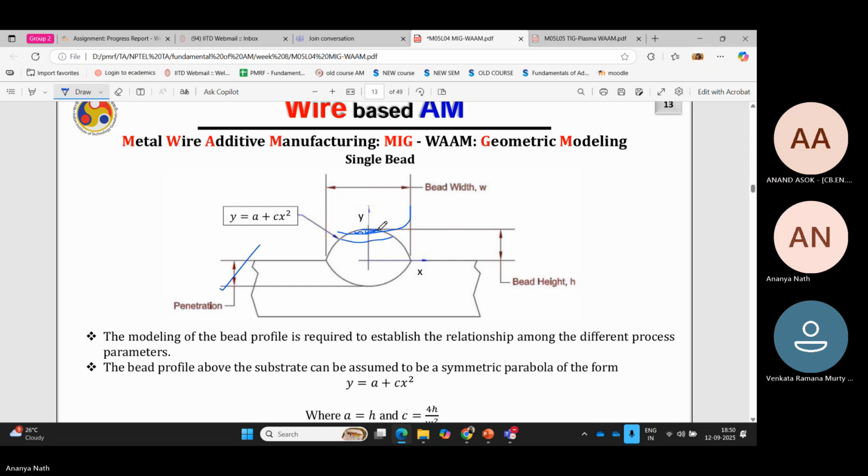Is it clear or do you have any other doubt? So some portion of the bead height, that means the top portion of the bottom bead, will get remelted, and the next bead will come over it, right?